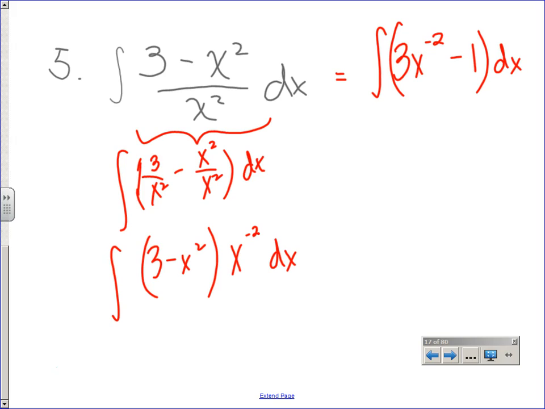Almost. Should have been a minus because it was a -1, so it'd be a minus x.